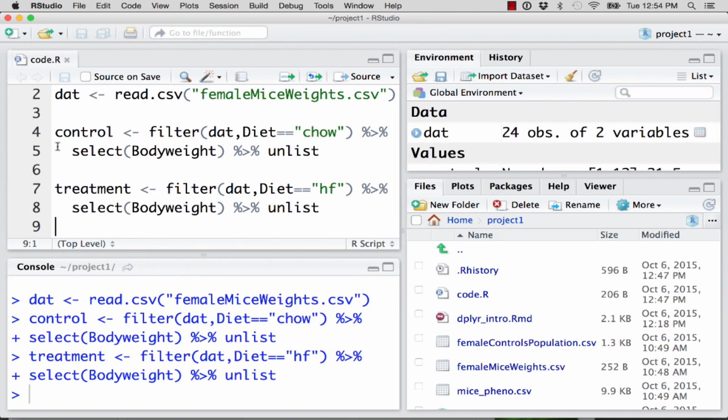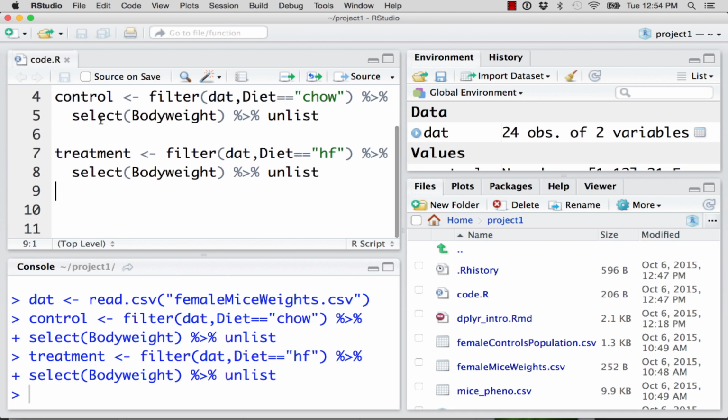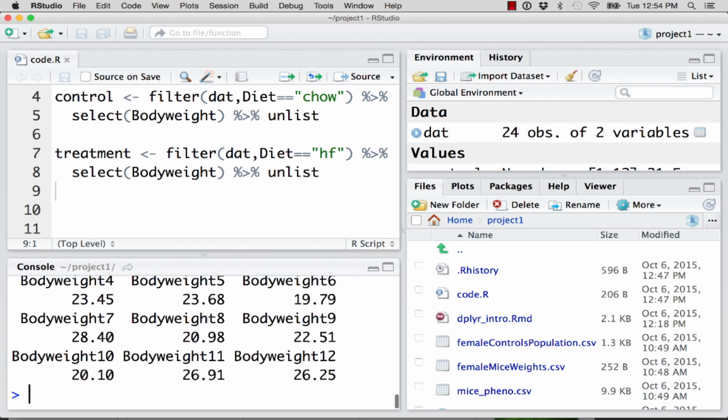Right? So there we have it. So we ran these dplyr commands that take the chow and compare it to the high-fat diet, and now we have 2 lists of numbers. So we have the controls and we have the treatment.